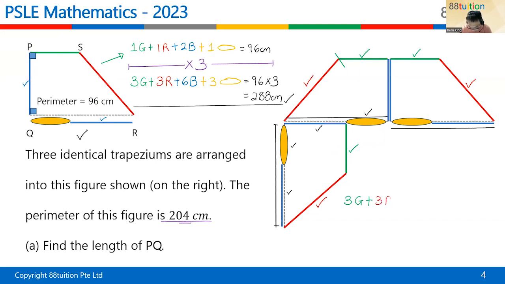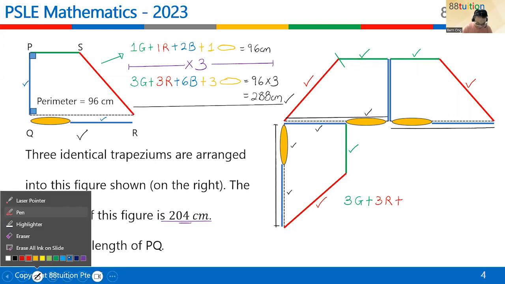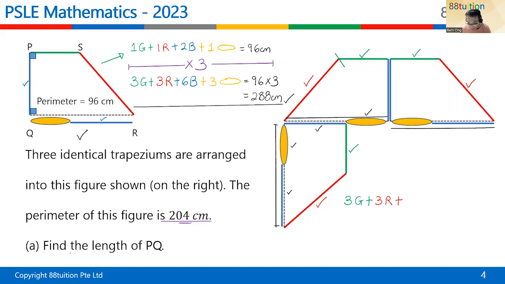Plus what? How many blues do I have? Children, be careful. We are looking at the outline. 204 is the outline. We have 1 blue, 2 blue, and that's it. 2 blues. Can you see or not? Plus, how many orange do we have? We have 1 orange, 2 orange, 3 orange, 3 of this. And the question says that is equal to 204 centimeters.